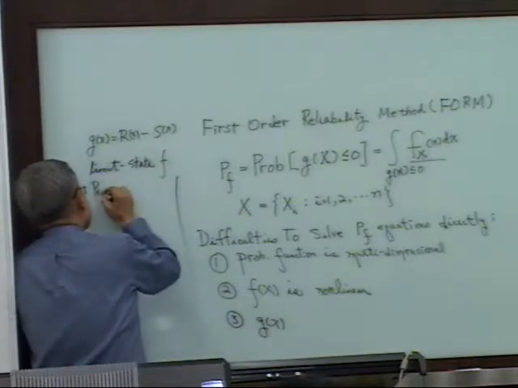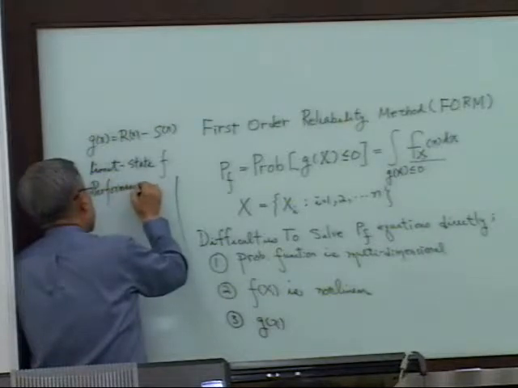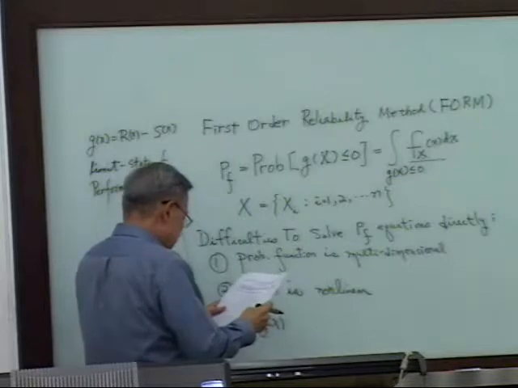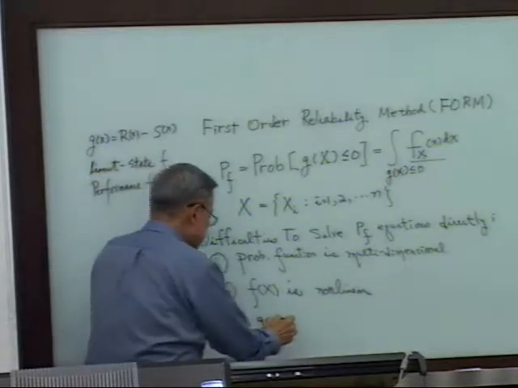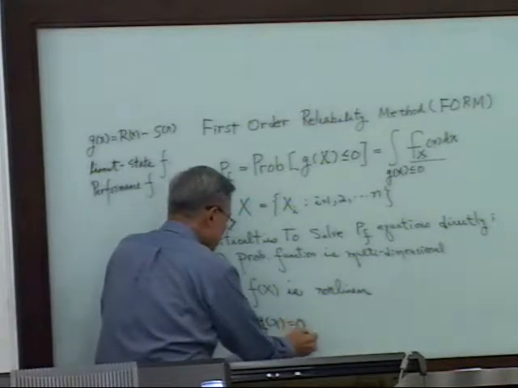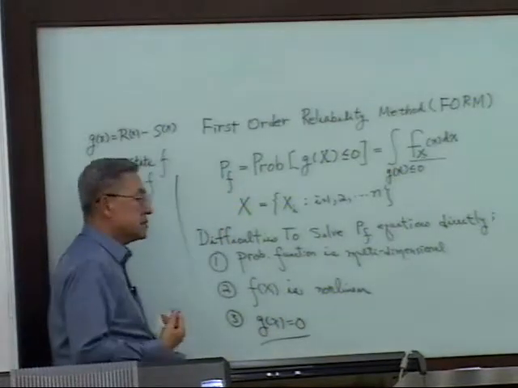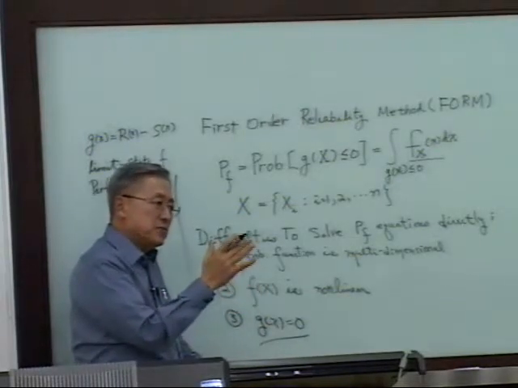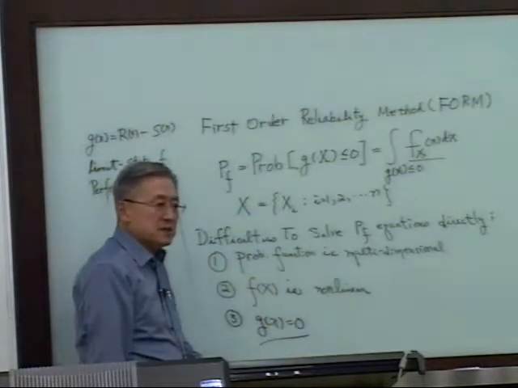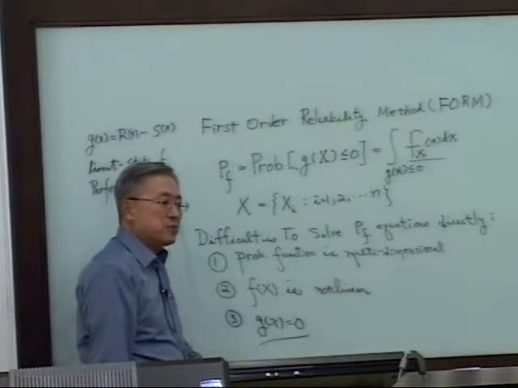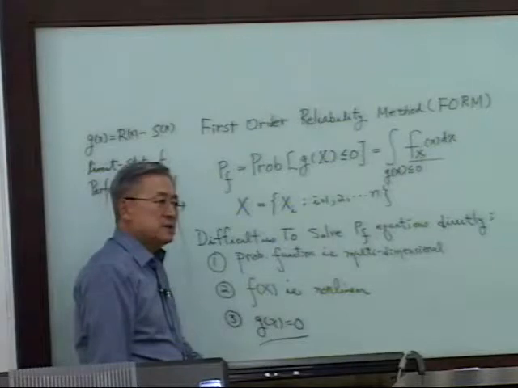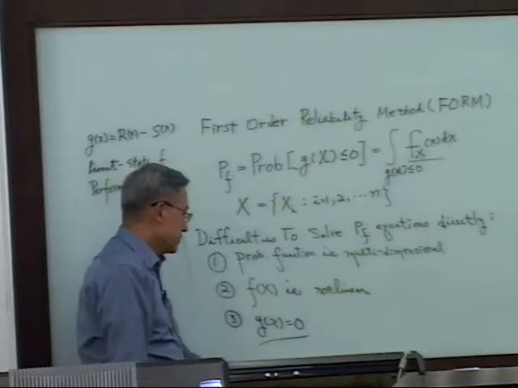And G(X) is really the boundary where two different regions are separated. One side is the safe region, the other is the failure region.